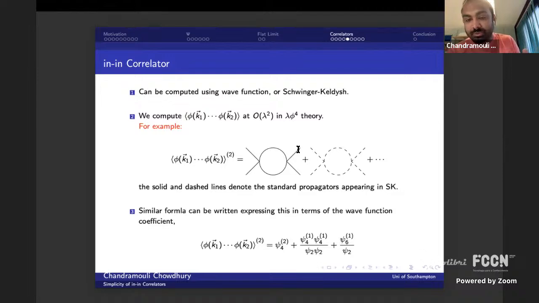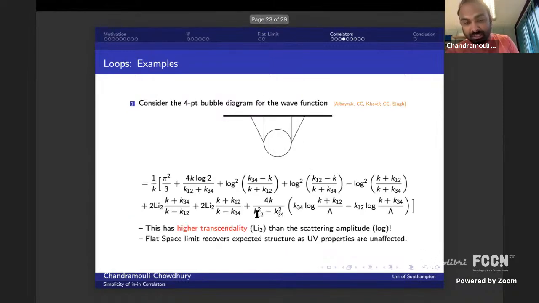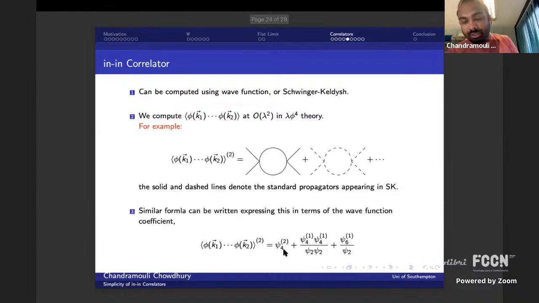You can write it in terms of the propagators which appear in Schwinger-Keldysh, or you could just evaluate the path integral and you would obtain some expression of this kind, where this psi4 just denotes really this expression, which is the 4-point wave function at two loops. The 4-point wave function at second order in perturbation theory.